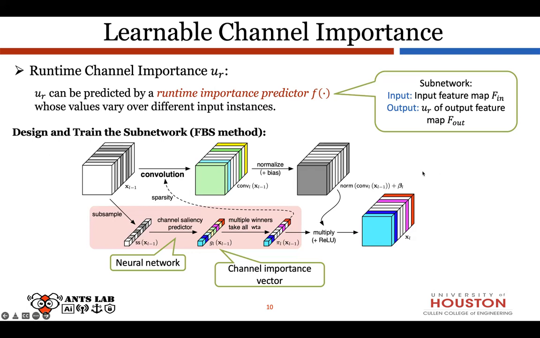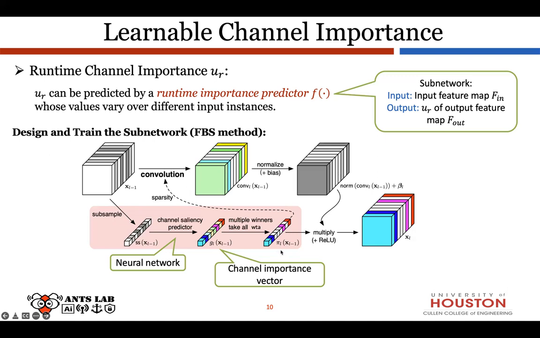Okay. So what's the metric for the runtime importance? It should be a probability from 0 to 1. What I mean is, say the probability is 0.9. What does it mean physically?